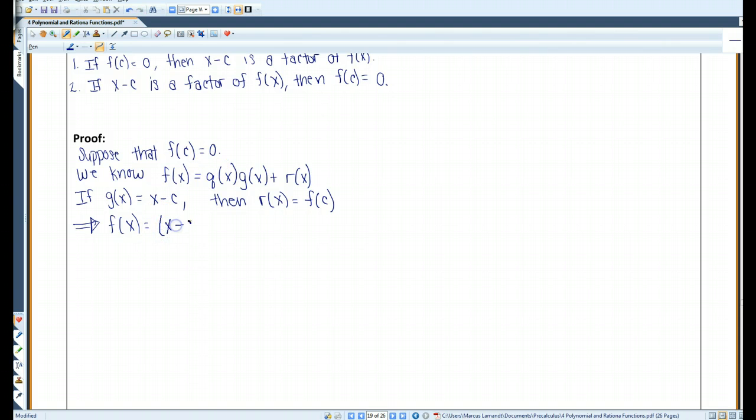So I've got x minus c times q of x plus f of c. But we have already determined that f of c equals 0. So f of x equals x minus c times q of x. And this just goes away because it's 0. Actually, I'll write that in there.